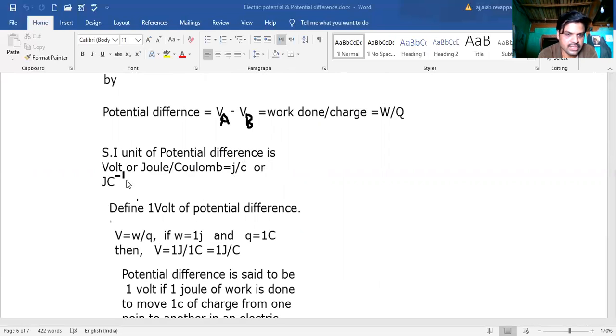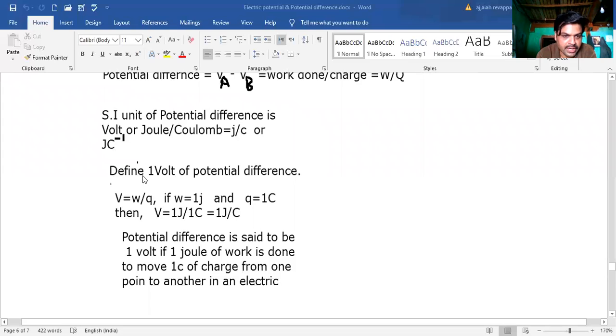This can also be written as joule coulomb to the power of -1. Let us define 1 volt of potential difference. This is very easy for you now. We'll make work done 1 joule, charge 1 coulomb, then substitute in the equation: 1 by 1 is 1 joule per coulomb.